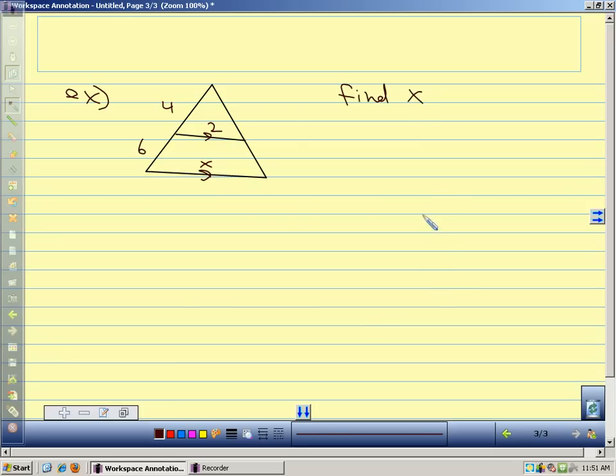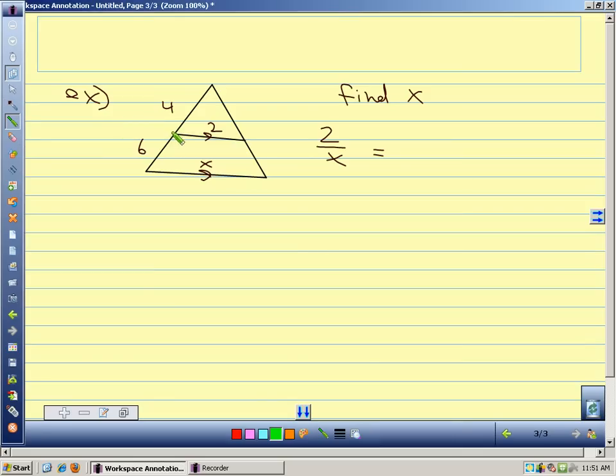Now if we write our proportion, if we write one ratio with x, I could say that 2 divided by x equals, and we need to write another ratio. Now what part of this small triangle, let me highlight the small triangle, what part of the small triangle is 2?